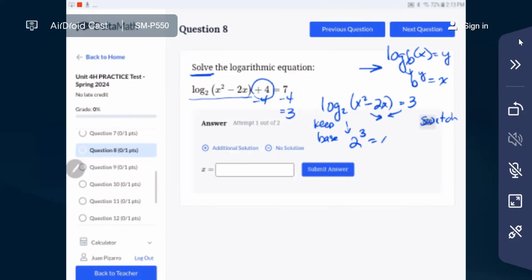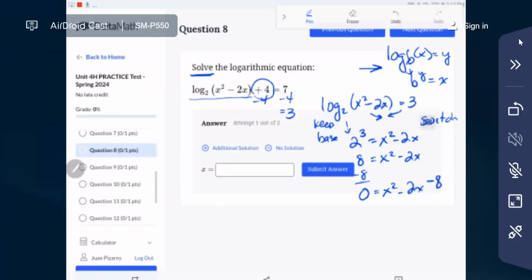And this is equal to x squared minus 2x. Now notice that this is a quadratic, and this is an 8, actually, right? So we're going to subtract 8 from both sides. So we have 0 equals x squared minus 2x minus 8.